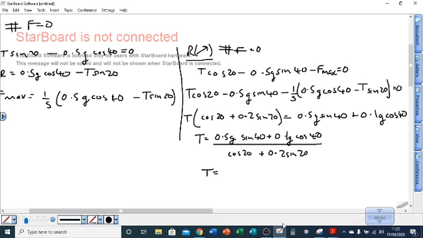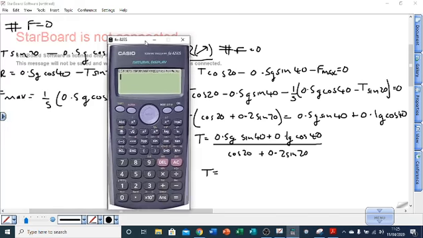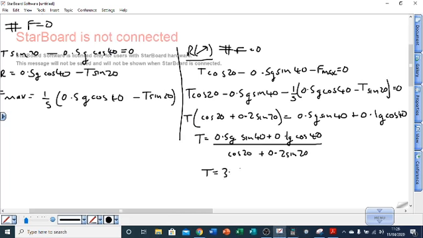Okay, so T gives us, calculator out, fraction button, 0.5 times 9.8 times sin 40, plus 0.1 times 9.8 times cos 40, down, cos 20 plus 0.2 times sin 20, equals, and to 3 significant figures gives us 3.87 newtons. Okay.